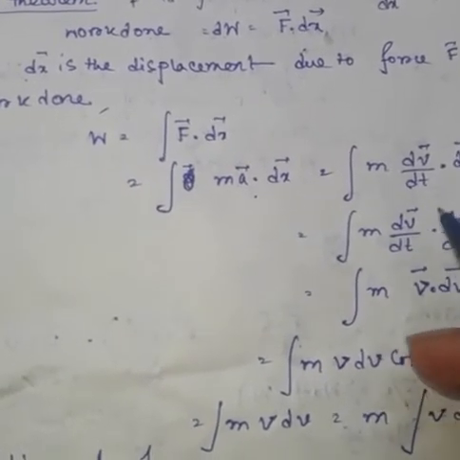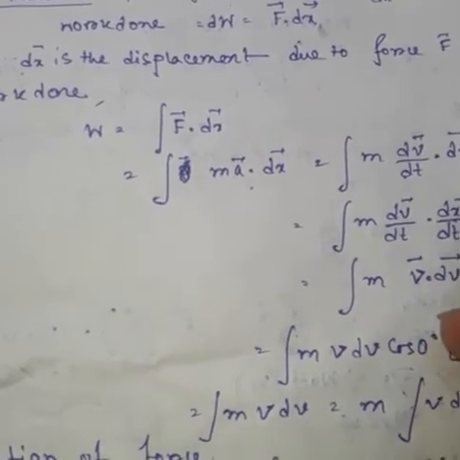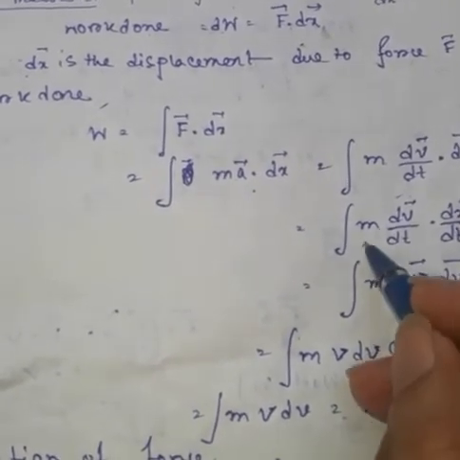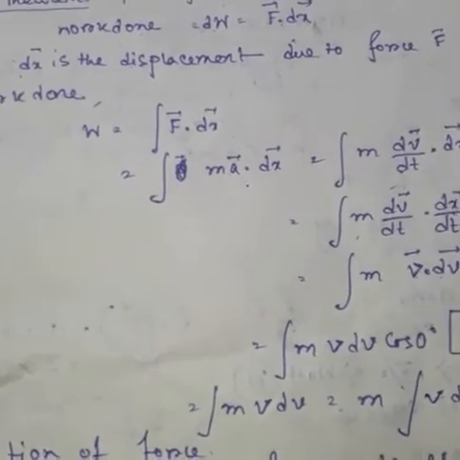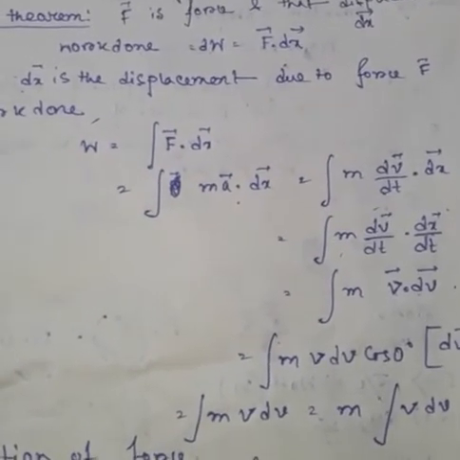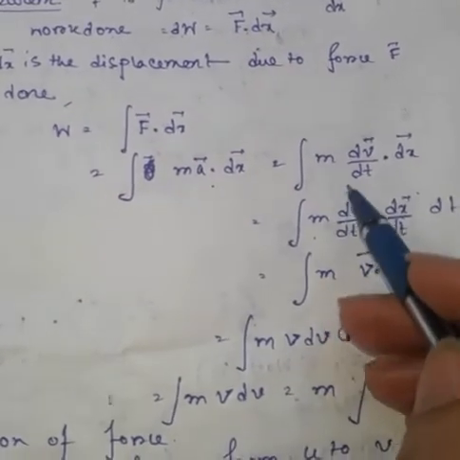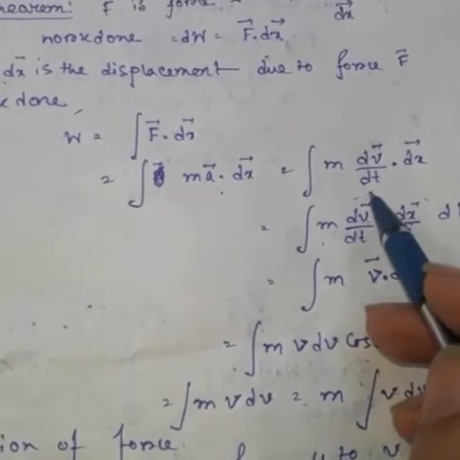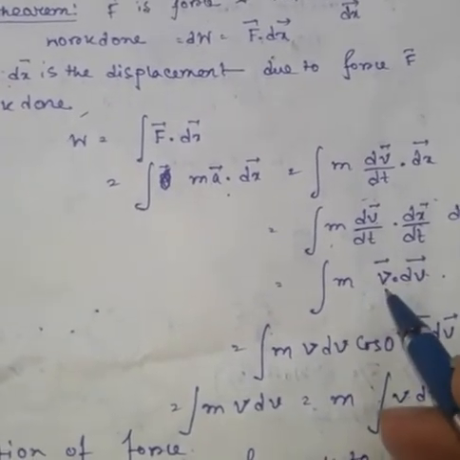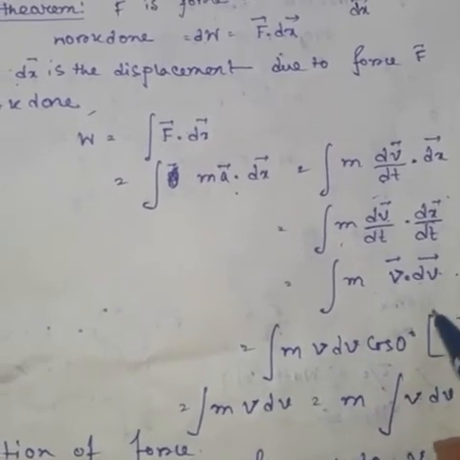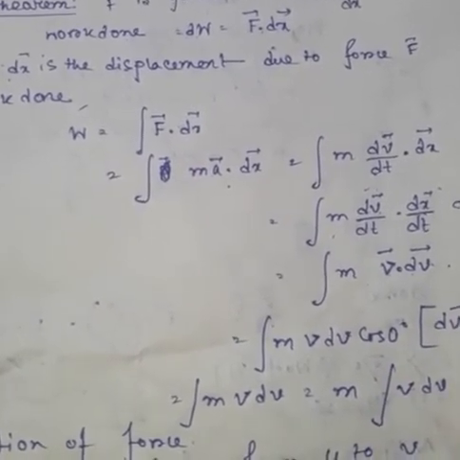So this term is v, and the dt and dt cancel, leaving dv. So v dot dv, where v is the velocity and dv is the change in velocity. Here dv should come first and v after, but I have just exchanged their positions. It is simple because this is a scalar product, dot product, so we can write dv dot v as v dot dv.